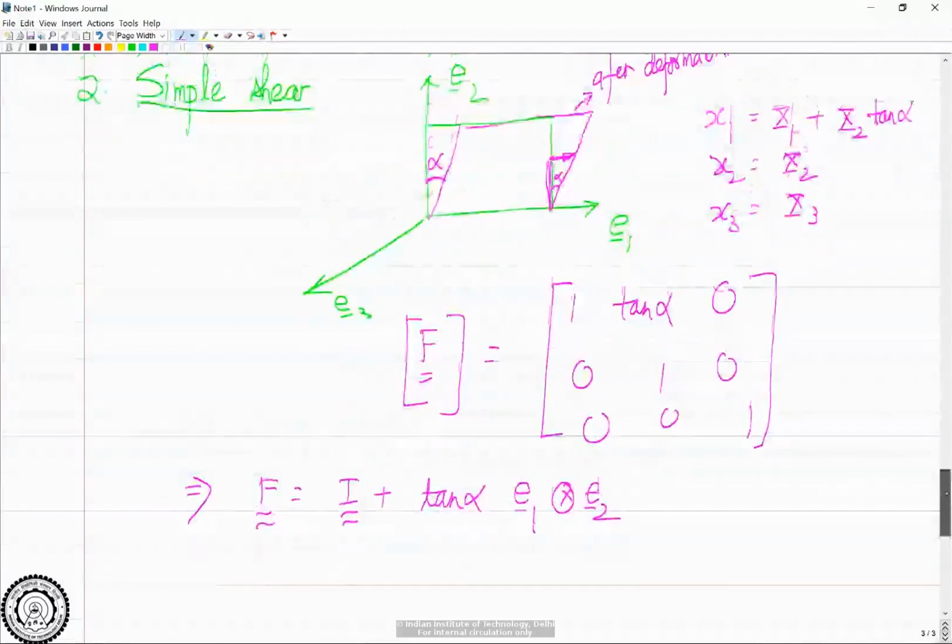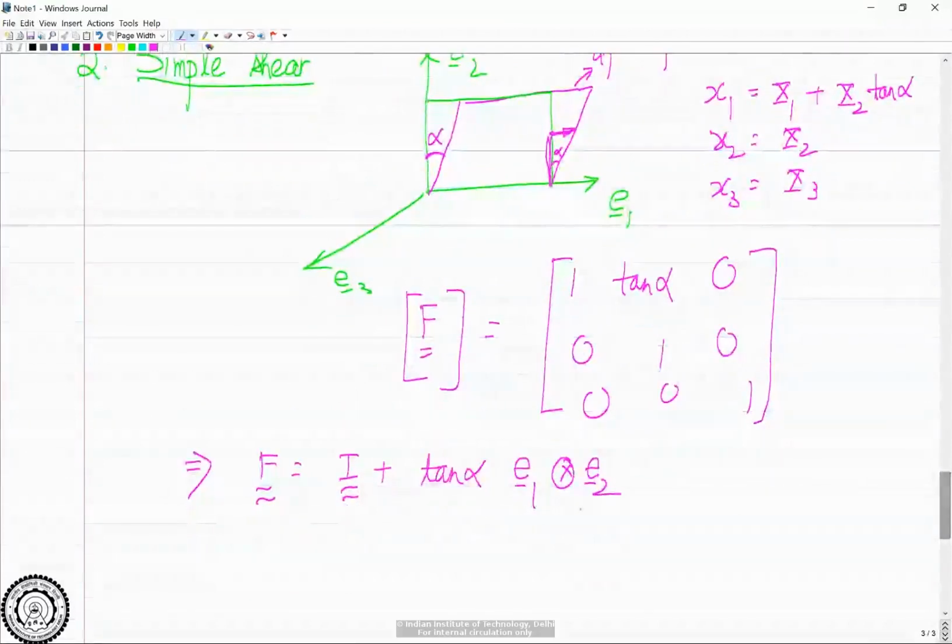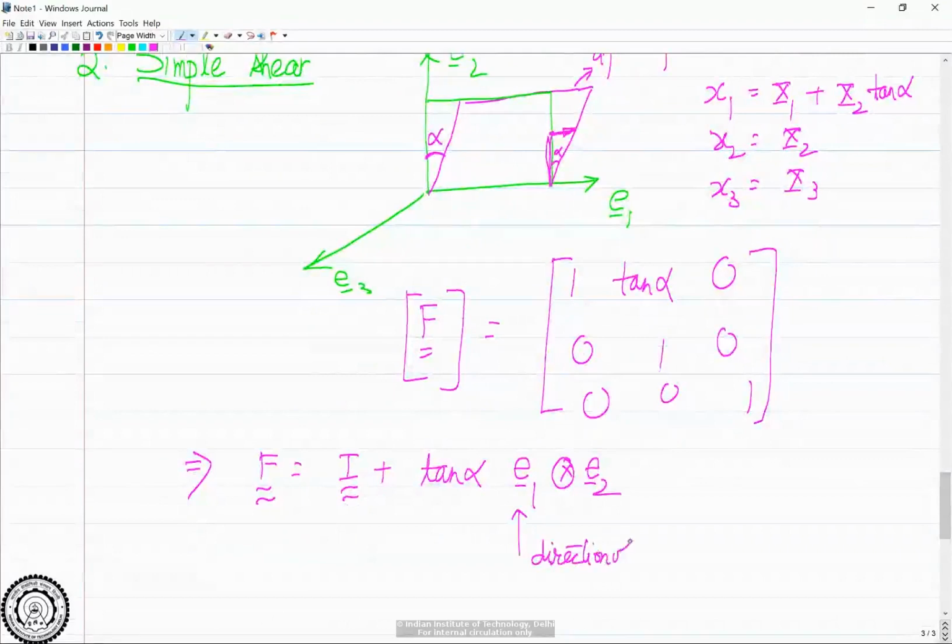And what is the meaning of E1 and E2 here? You see, E1 is the direction of shearing and E2 is the normal to planes which are being sheared.